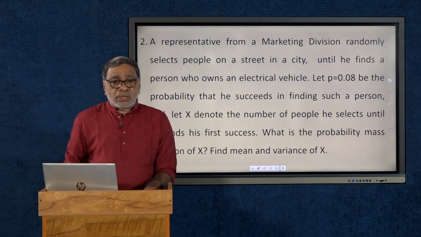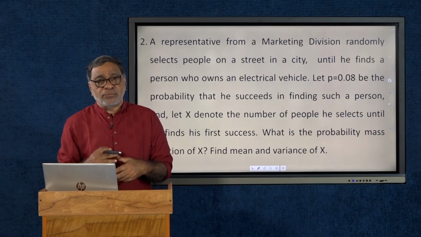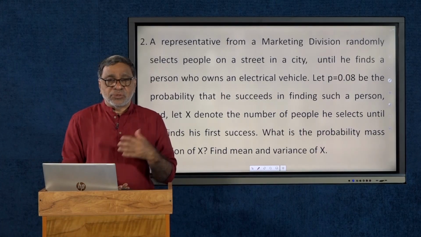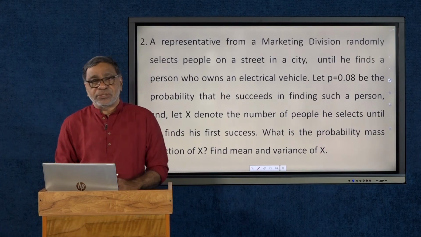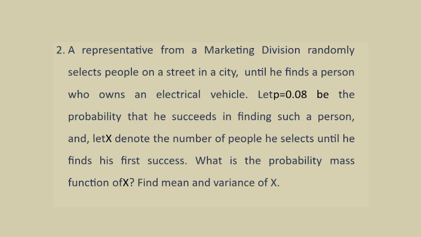Now, we are addressing some numerical problems, and for this problem we get the answer based on the concept of geometric distribution. The problem: a representative from a marketing division randomly selects people on a street in a city until he or she finds a person who owns an electrical vehicle.